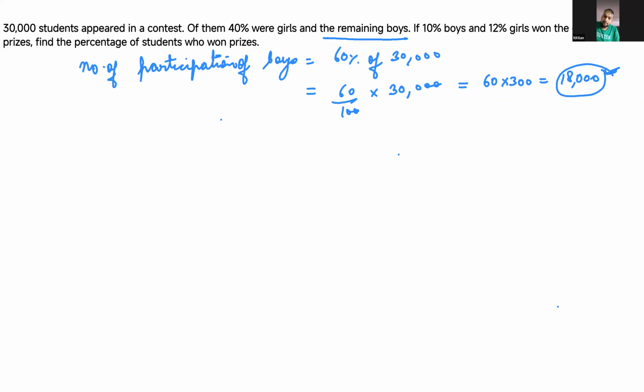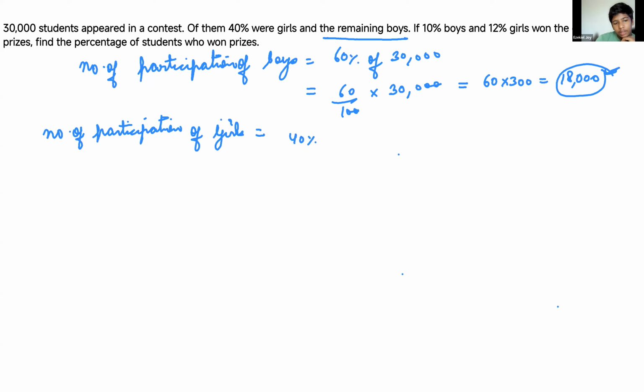Ezekiel, everyone understood? In the same way, now Ezekiel, tell me how will you find the participation of girls? Unmute your mic and say. We'll find 40% of 30,000 and we'll subtract that from 30,000, from the whole.